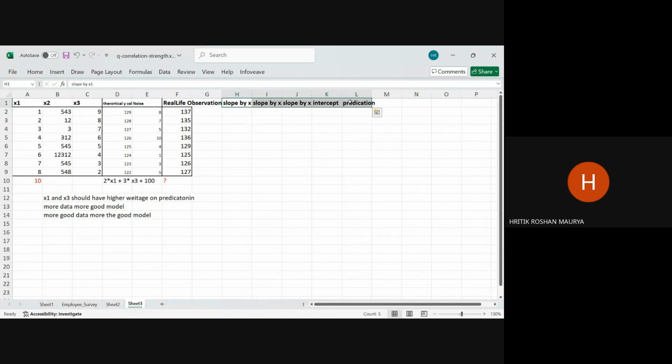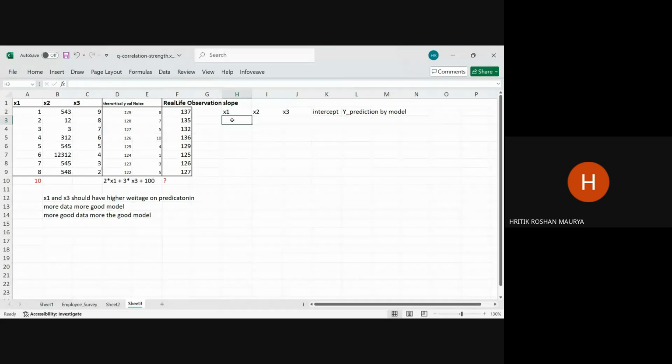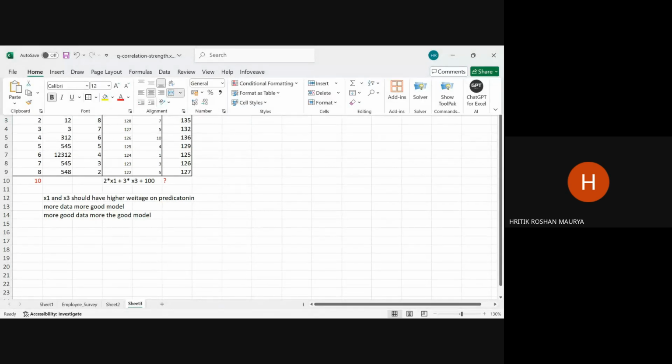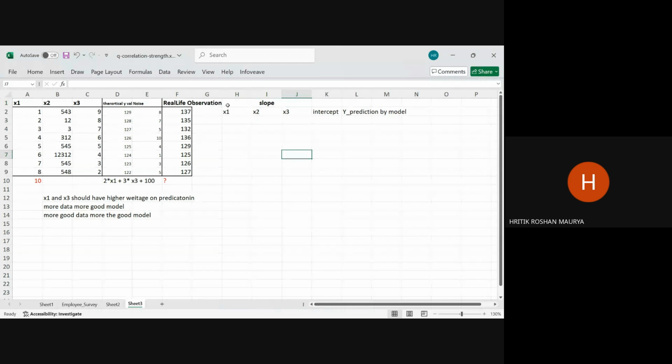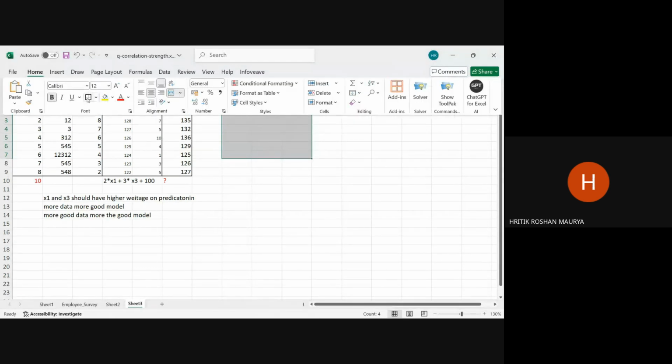I think I should write it as slope: this is the x1 slope, this is your x2 slope, this will be your x3 slope, and this will be your intercept, and this will be your y prediction by model. Okay, and I will use 2-3 ways to do so.